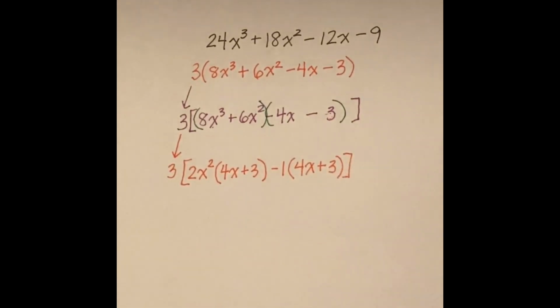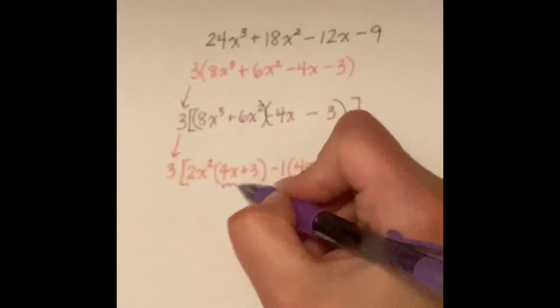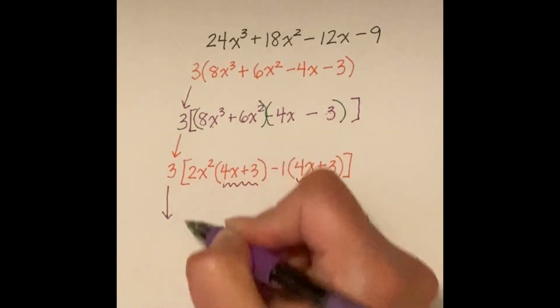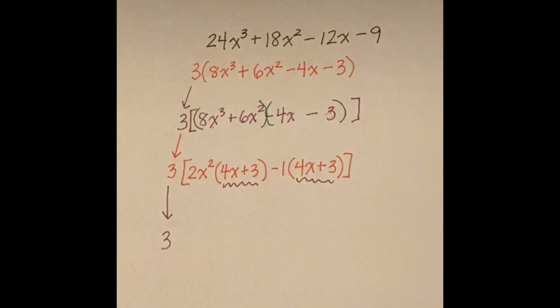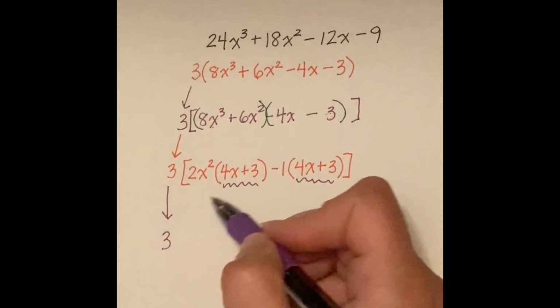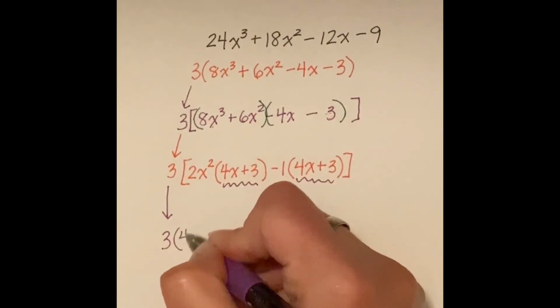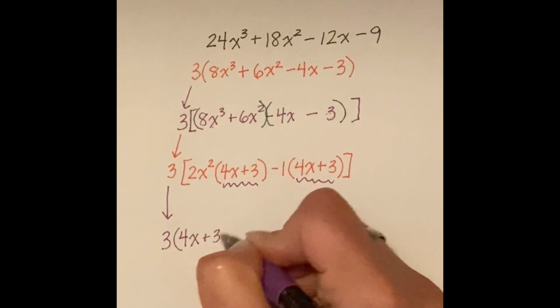Oh, all right. I'm so glad that this worked out because we see that our parentheses have matched. So that's great. We know that this 3 one final time is going to come down for our final answer. The parentheses that match, that's going to be one of the parentheses in our final answer.